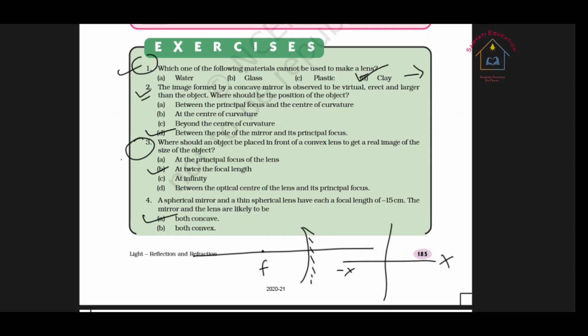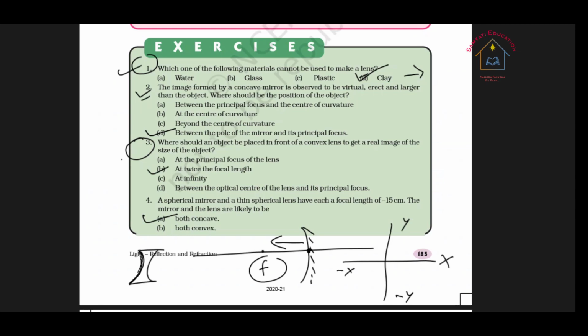Next question, question number 5. No matter how far you stand from a mirror, your image appears erect. The mirror is likely to be: plane, only concave, only convex, or either plane or convex. It can be concave, but there is only one condition in a concave mirror in which we can find an erect image.